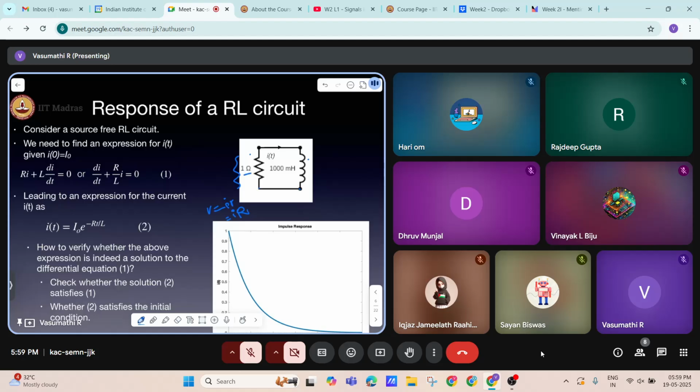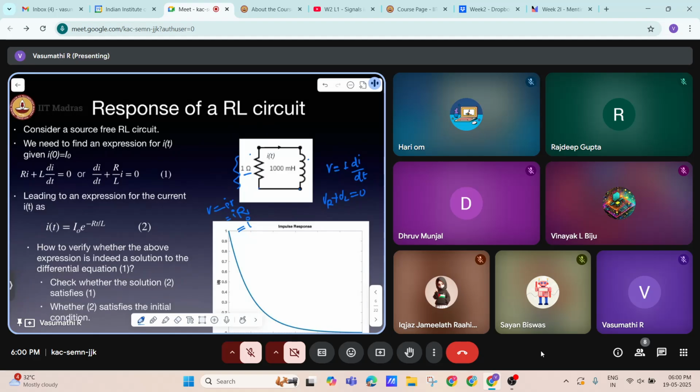Here it is I, since the resistance is 1. And the next thing is the voltage across the inductor, which would be L into dI by dt. If I want to close this circuit, V across R plus V across L should be equal to 0, right? In a closed loop circuit, the summation of all the voltages should be equal to 0.